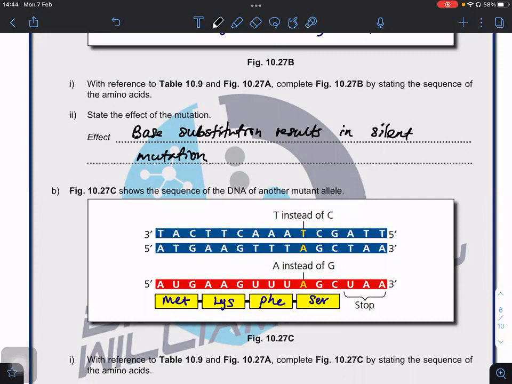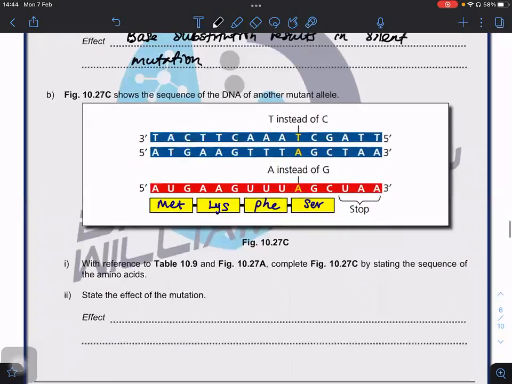Okay, now next, second case. So you can see that AAA, TCG. So in fact, CCG now changes to TCG, base substitution. Are you clear? So one single nucleotide is substituted here.